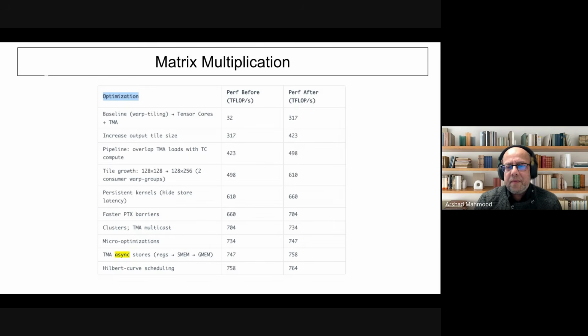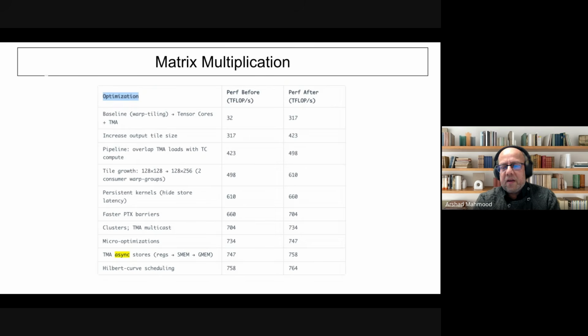That pushed it up a little higher, to 498. Then a bit more tile growth to 610, and persistent kernels, which took it up to 660. Then faster PTX barriers, a particular low-level instruction he used, pushed it up a little bit more.